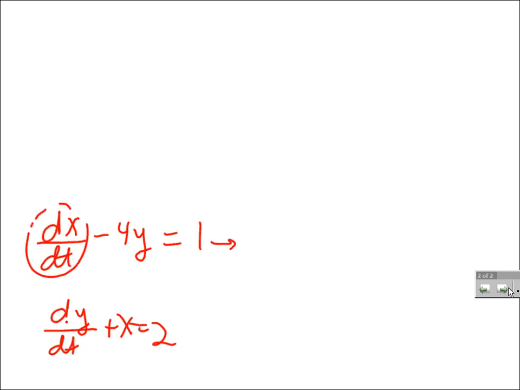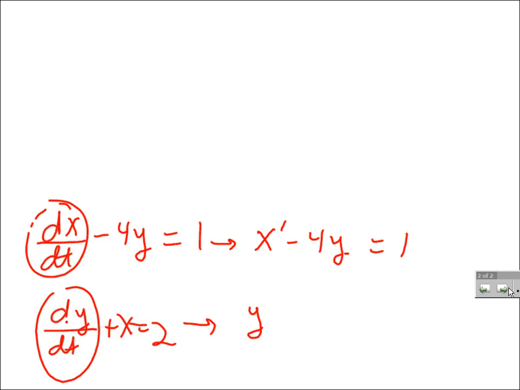Well, remember that dx dt is just x prime minus 4y is 1. Notice constants on the right side, everything else on the left. dy dt is just y prime plus x is equal to 2.